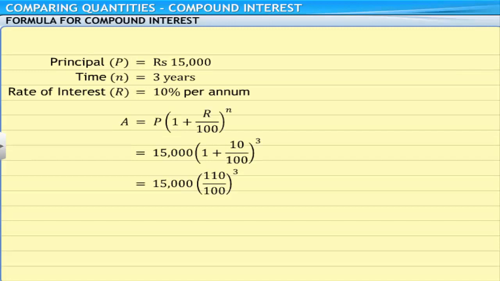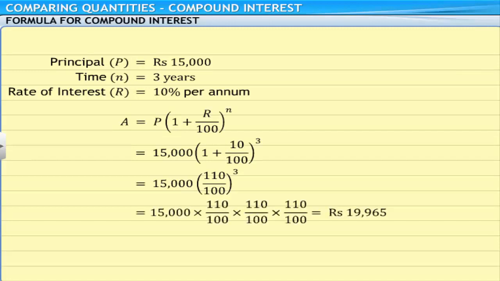On simplification, we find that the amount after 3 years will be rupees 19,965, and the compound interest earned will be rupees 4,965.